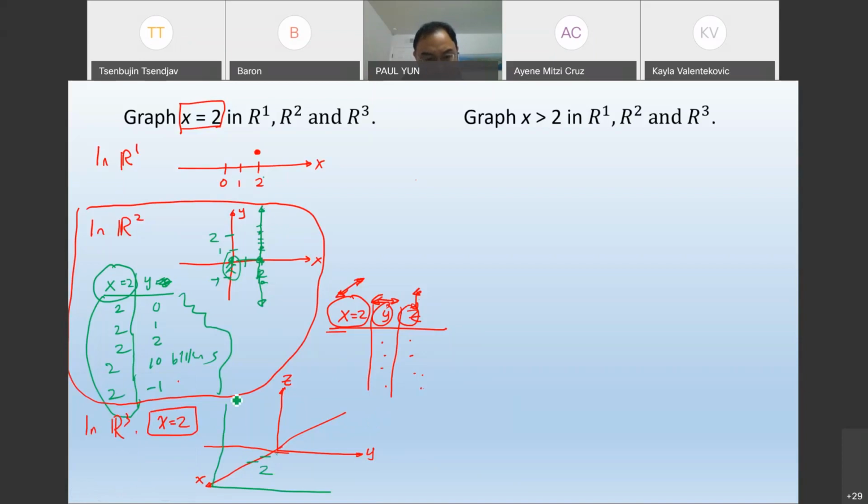It is a plane parallel to the YZ plane. This guy's parallel to what?